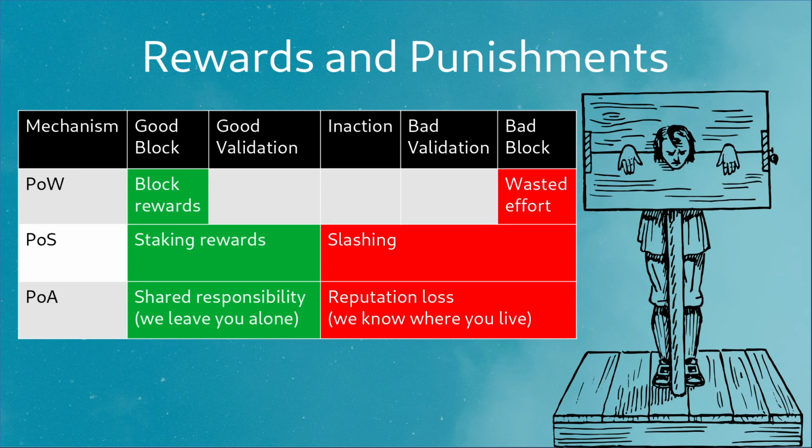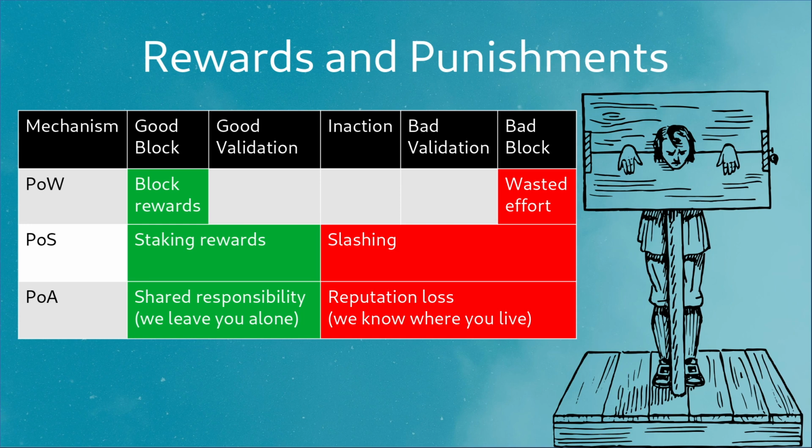On the other hand, you have an incentive not to do bad things, so not to verify bad blocks or to add bad blocks, or not to be inactive when people expect you to verify or add a block, because if you do something bad, people know who you are, because your identity is known, and you will lose your reputation.